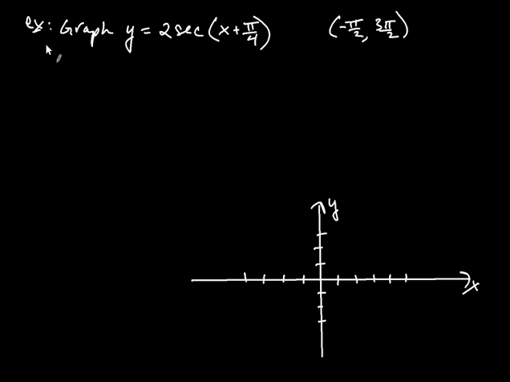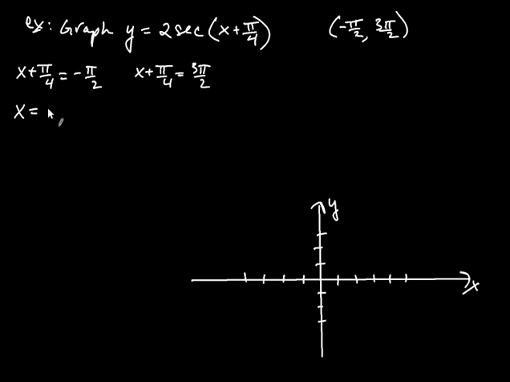Okay, so what we're going to do is take what's in parentheses. It's already in standard form, and first set it equal to the left. So x plus pi/4 is first equal to -π/2, and then set it equal to the right, where it used to end. So x plus pi/4 is equal to 3π/2. Now, of course, these have different denominators, so let's get these in terms of pi over 4.